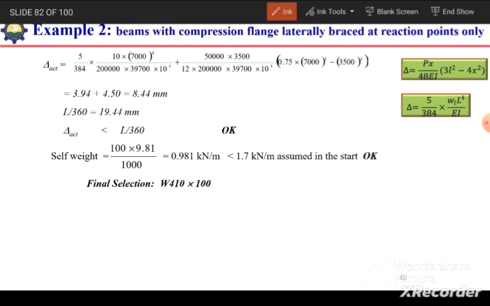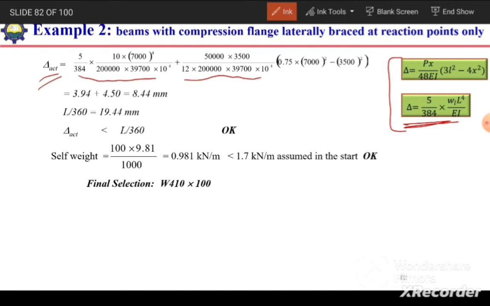After that we need to apply the deflection check. For that we can calculate the actual deflection. In our case we have two different types of loading, uniformly distributed load and point load. So we can calculate the deflection separately for uniformly distributed load and point load. The formulas are given over here. This formula is for uniformly distributed load: 5 over 384 times wL times L raised to power 4 over EI, where wL is the uniformly distributed live load.